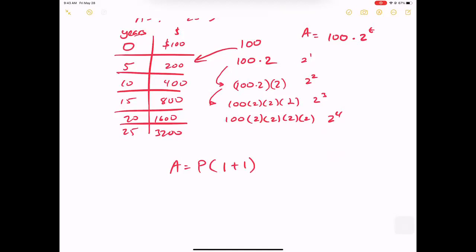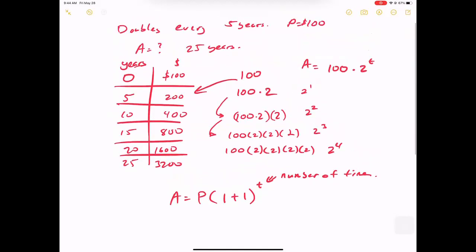And the number of years, well, in this case, we don't double every year, we double every 5 years. And in this case, our t value is actually the number of times. Number of times. In this case, to get from 0 years to 25 years, well, how many steps was that? There's actually one more step, and that's going to be 2 to the 5th.